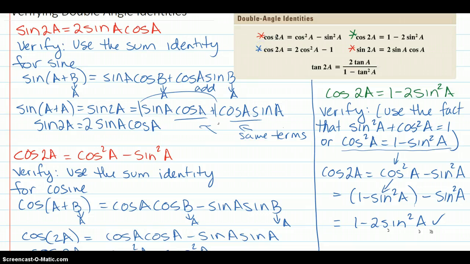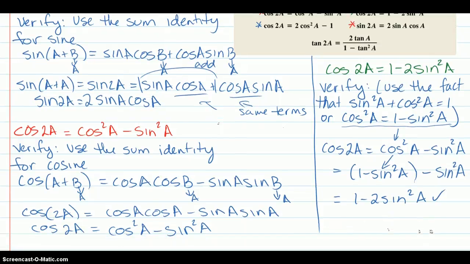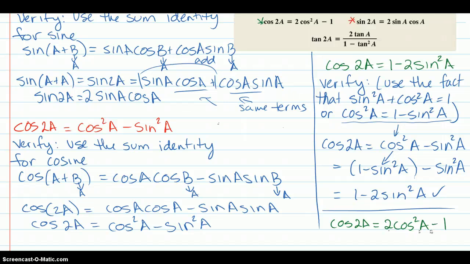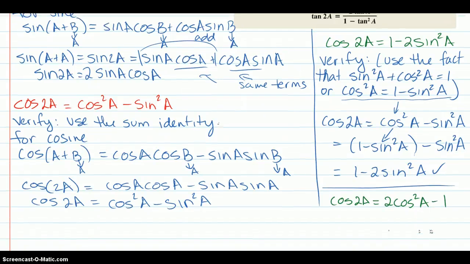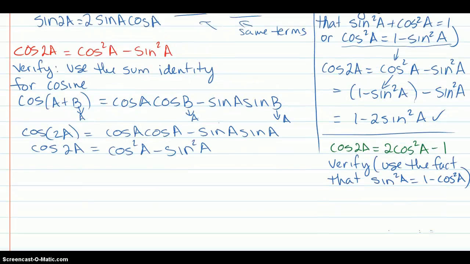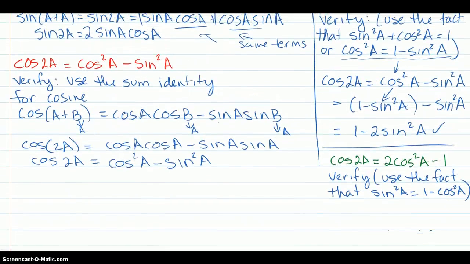Let's go ahead and do the last and final cosine. We're going to do this the same way, using the same fact. We know that cosine squared plus sine squared is 1, so now I'm just solving for sine squared, and you get 1 minus cosine squared.